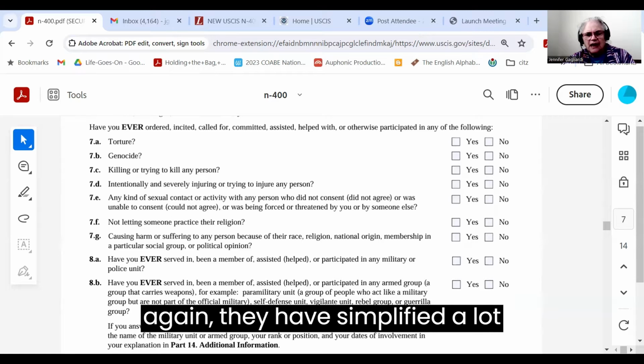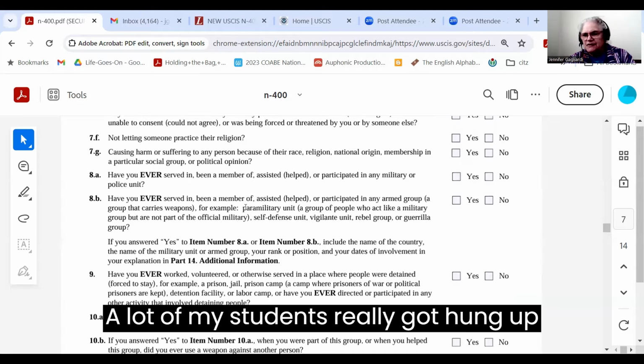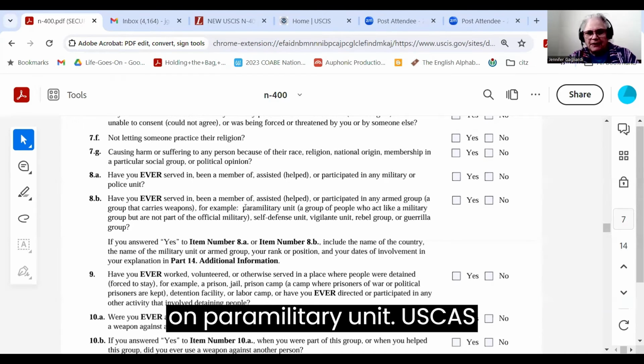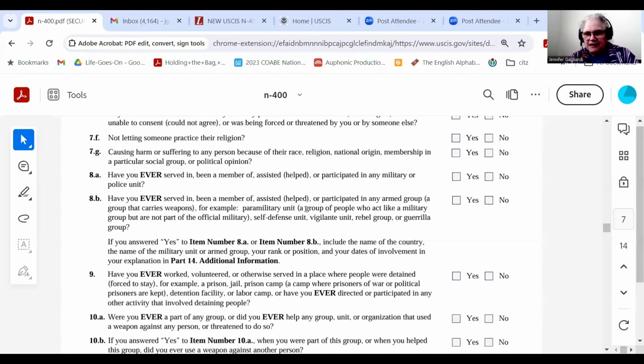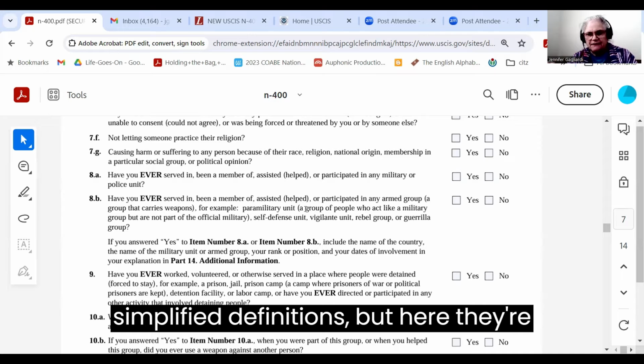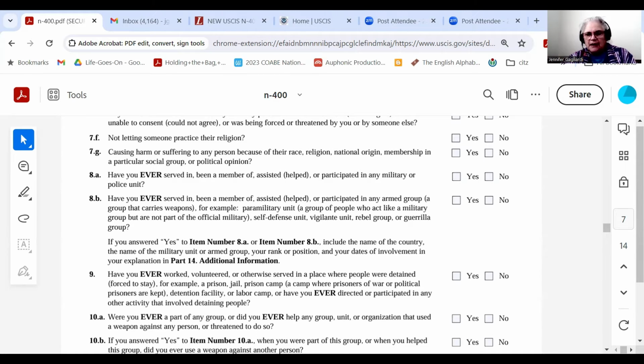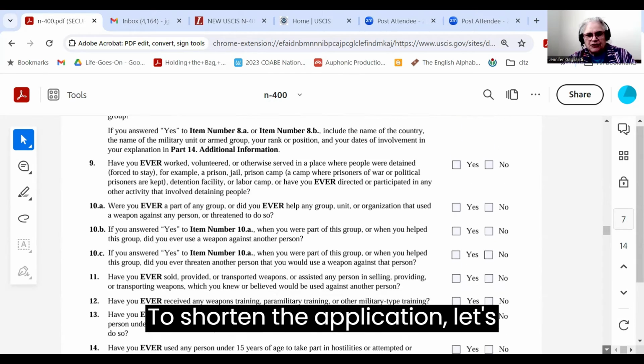And again, they have simplified a lot of this information or put it together. A lot of my students really got hung up on paramilitary unit. USCIS previously had included some of these simplified definitions, but here they're putting these questions together to shorten the application.